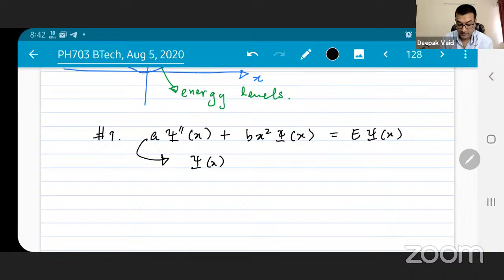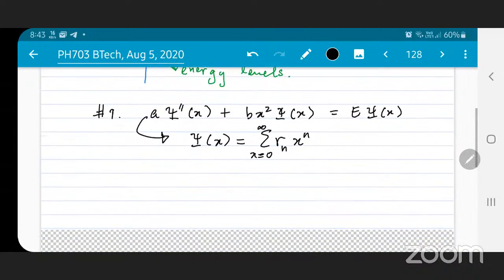You write psi of x as some polynomial function of x, something like the sum of R_n x to the n, where n goes from 0 to infinity. Then you substitute this expansion into this equation. You get certain recursion relations for the coefficients.